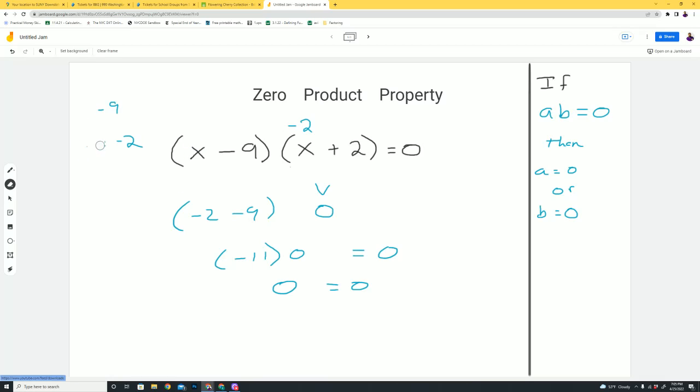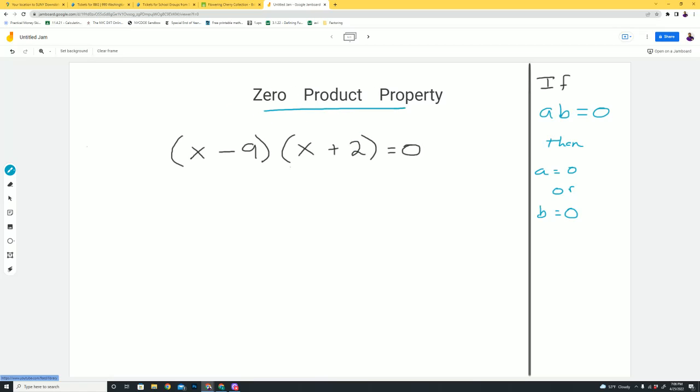Now let's see how we do this algebraically. When we want to solve for this, they want us to find all solutions that x could be. Because of the zero product property, we're saying that either this factor here is 0 or this factor here is 0.